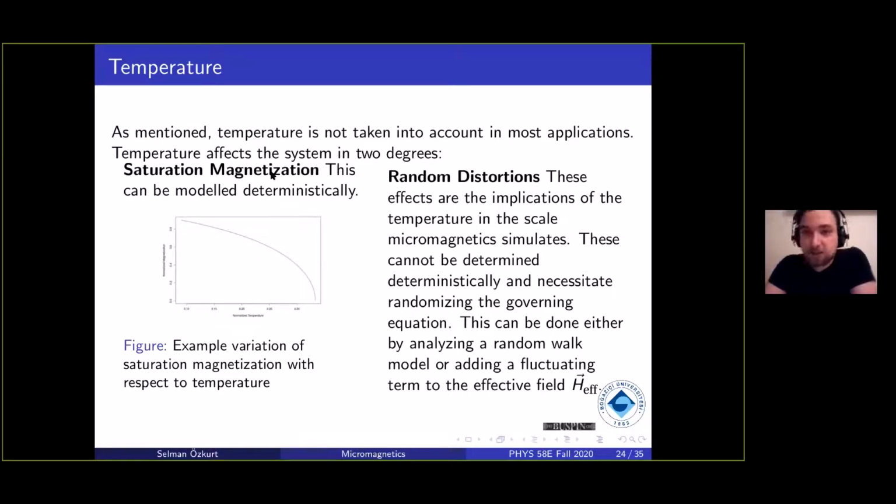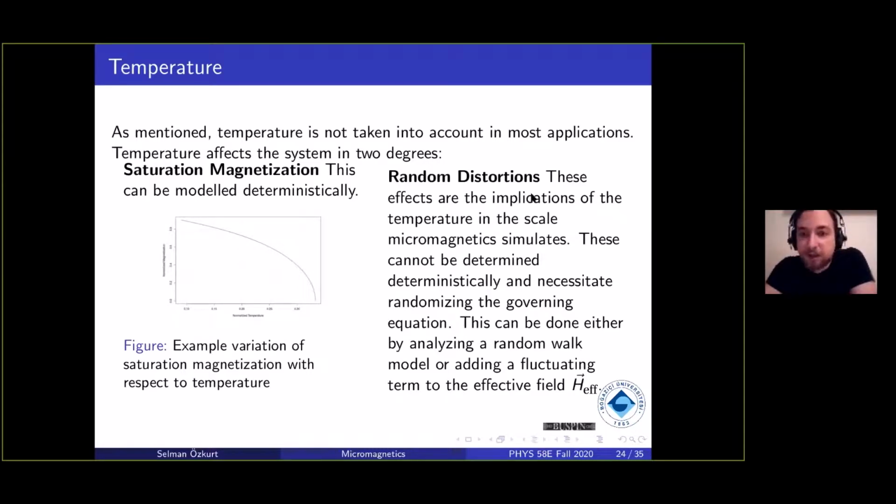As I mentioned, some more advanced software takes into account temperature effects, but temperature effect manifests itself basically in two ways. One of them is the change in saturation magnetization. This is an idealistic model that we made in one of the lectures. And this can be modeled kind of deterministically without complicating the simulation a lot.